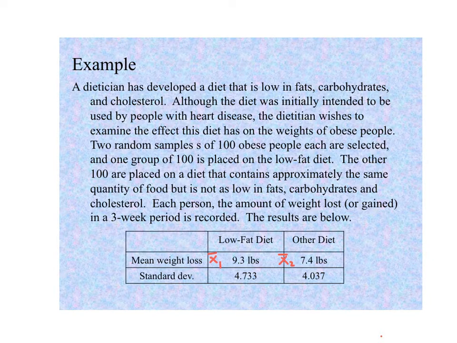Okay, and so instead of just having one x bar, one sample mean, we have two. And this makes more sense in a clinical or scientific setting. Two sample confidence intervals make more sense because when you're trying to compare two types of drugs, or two types of diets in this case, this makes more sense in the clinical setting.